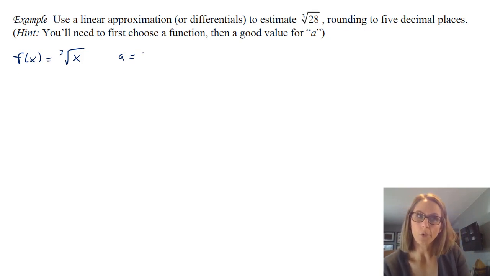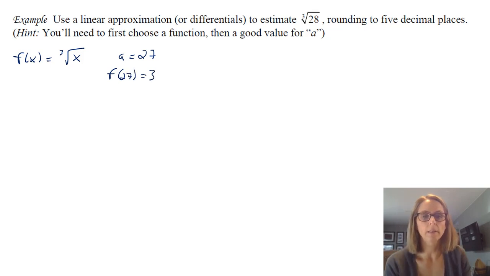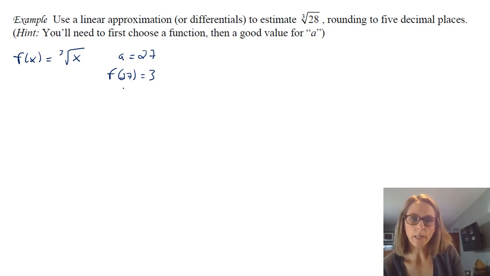So if you're aware of your cube roots, the best a would be 27, so that based on the function that we chose, the y value there is 3. So that gives us our point, 27, 3.